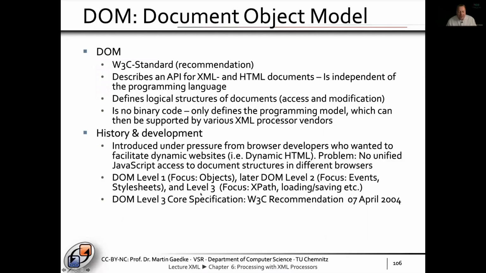And level 3 is focusing on XParse, loading and saving documents, and a couple of other management-oriented aspects. And we will talk about XParse in more detail because it's so important, also in a dedicated section.